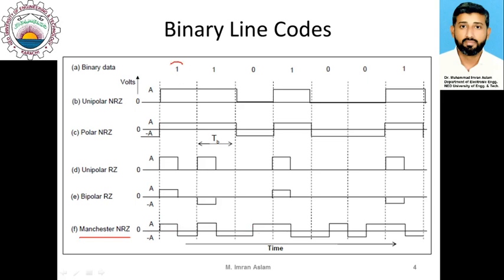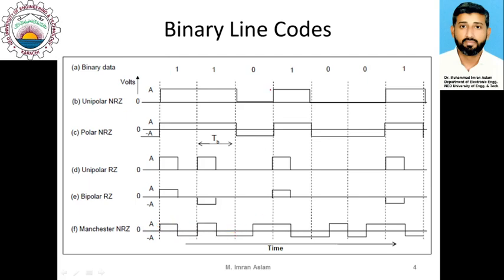For example, binary 1 is represented by a positive pulse at the beginning. At half of the bit duration, it goes to the negative side, and the remaining half is at a negative pulse. Similarly, the next one is also represented by a positive pulse, which goes to the negative side at half of the bit duration, and then the rest of the half pulse is negative.